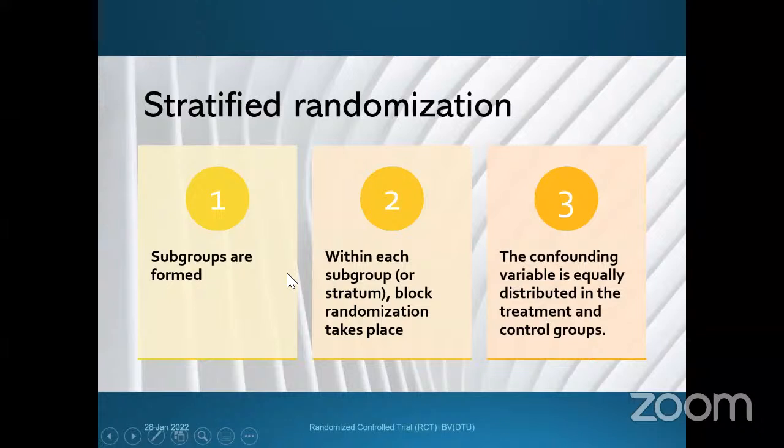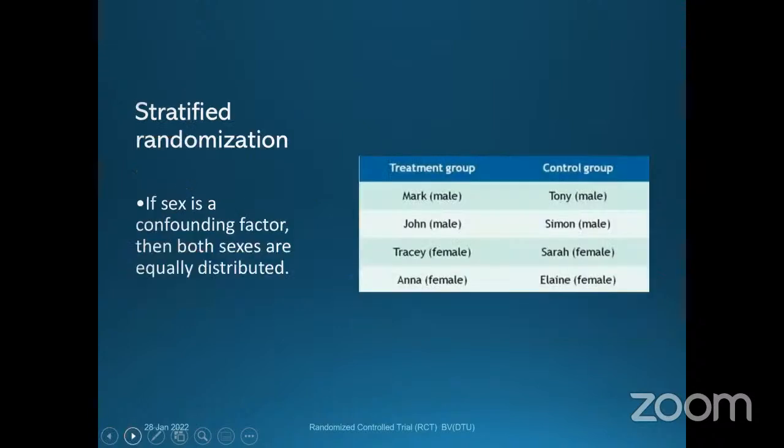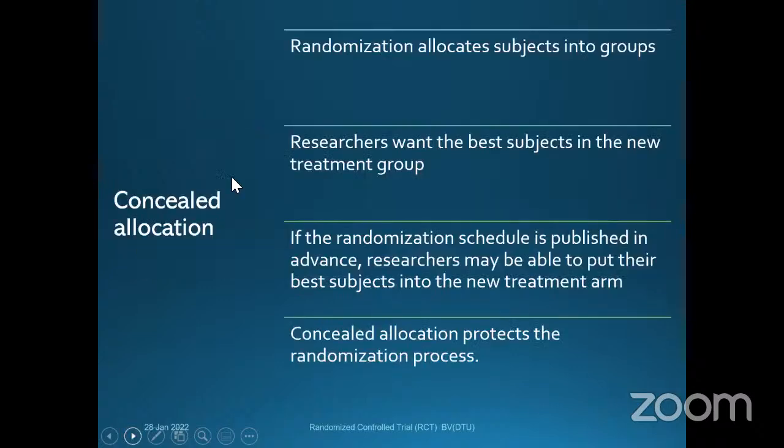That is the purpose of stratified randomization. Men are placed in the subgroup for men and women are placed in the women subgroup. Then randomization takes place in each subgroup as shown here. This is how the stratified randomization technique takes place. If sex is a confounding factor, both sexes are equally distributed after stratified randomization.